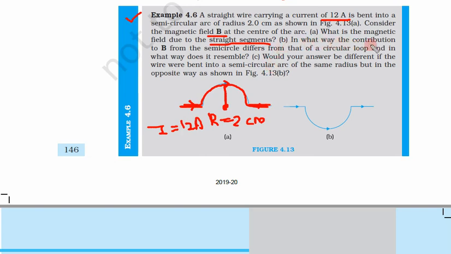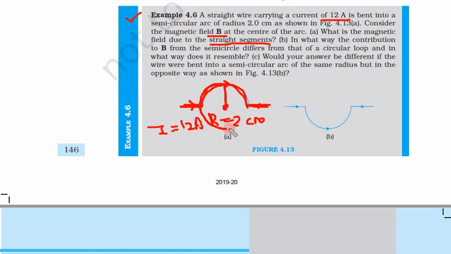Then in what way does the contribution to B from the semicircle differ from that of a circular loop, and in what way does it resemble?